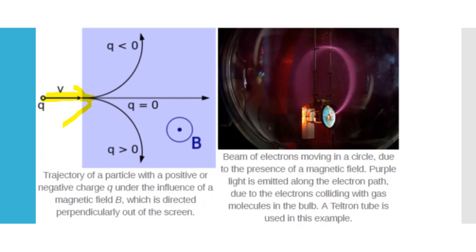Here the magnetic field is given by a dot. I think all of you may be aware of this. We can represent the magnetic field in two ways: one is dot, and the second is cross.